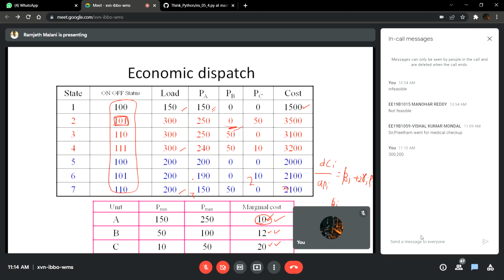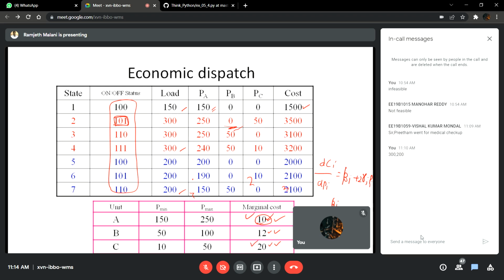Now, among first and third, the first generator has the low marginal cost, that is 10. Third generator has marginal cost 20.